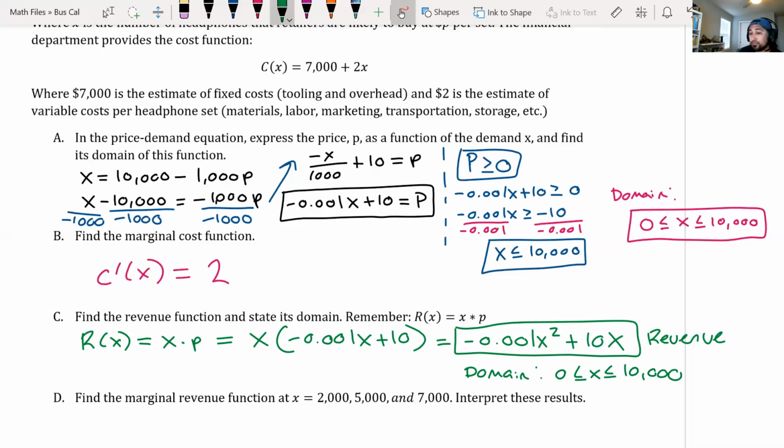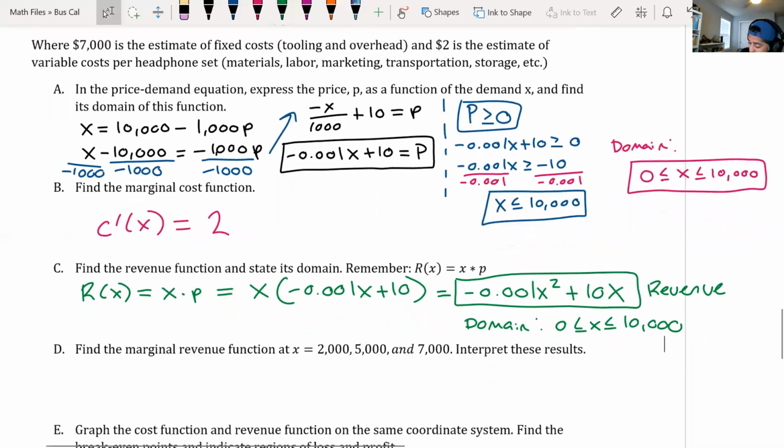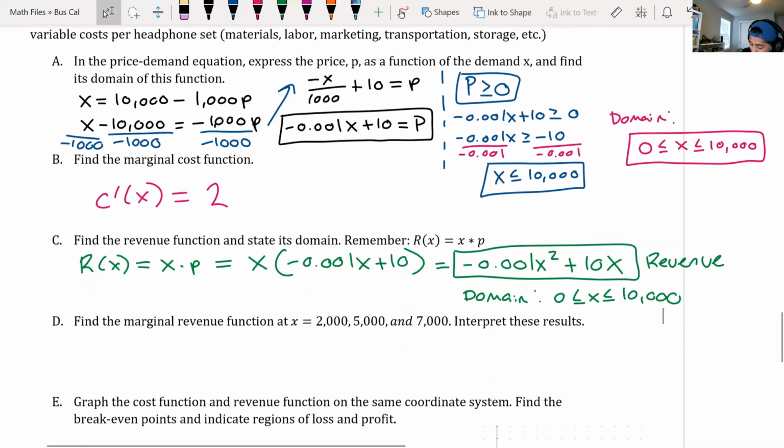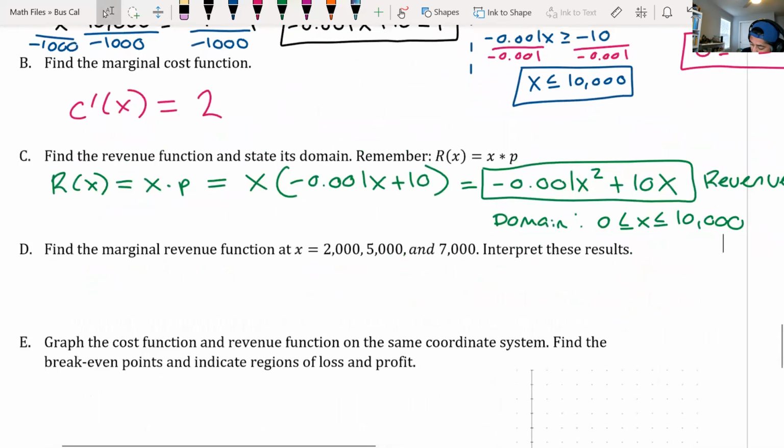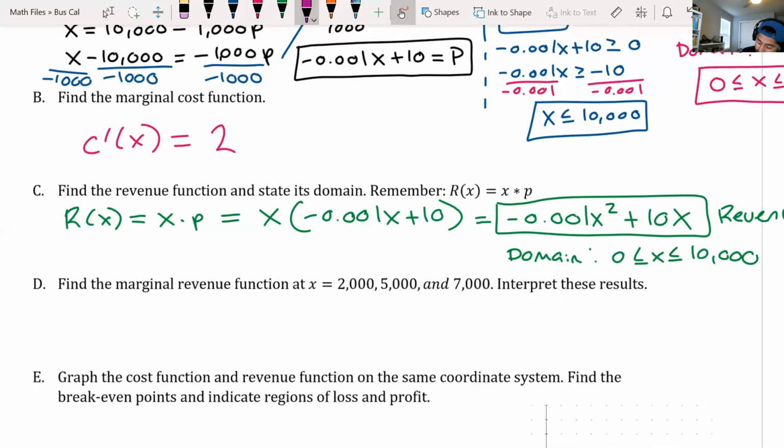Okay, there's revenue. Now D says find the marginal revenue function and plug in 2,000, 5,000, and 7,000. So for D, we're going to take the revenue function we just found and take the derivative of it. So R prime of X, and what's the derivative of negative 0.001x squared?